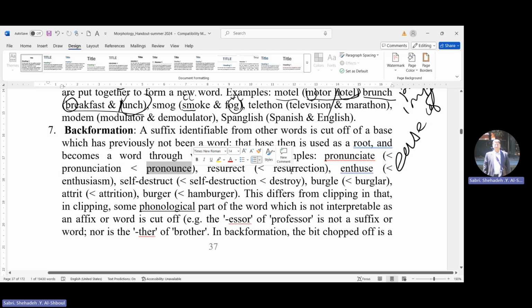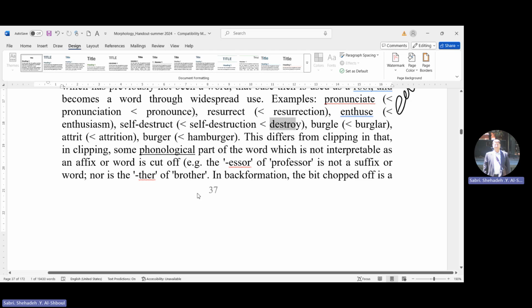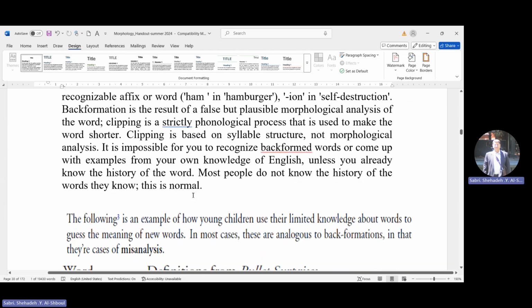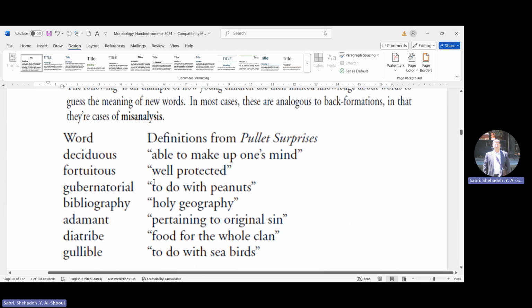Resurrection gives resurrect, and enthuse also. Self-destruction gives self-destruct out of destruction, while destroy is the correct one, and so on. So here we have this business of back formation. Here we have examples of back formation.